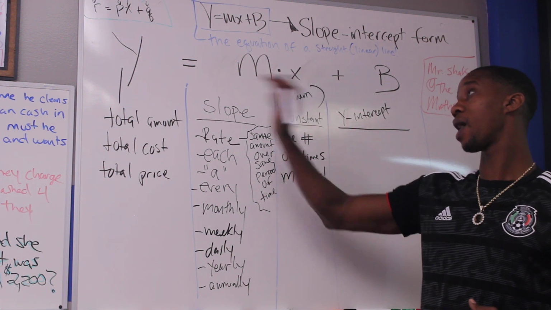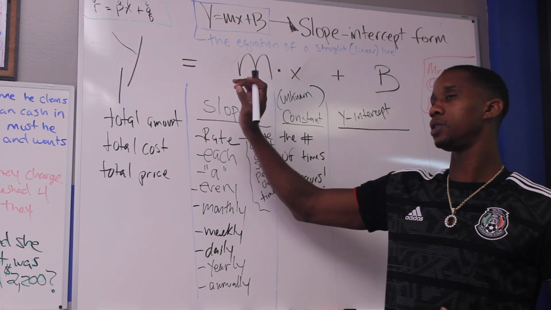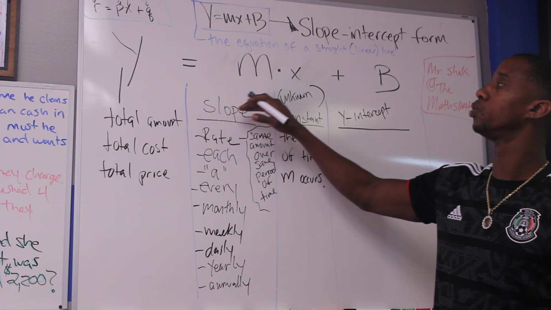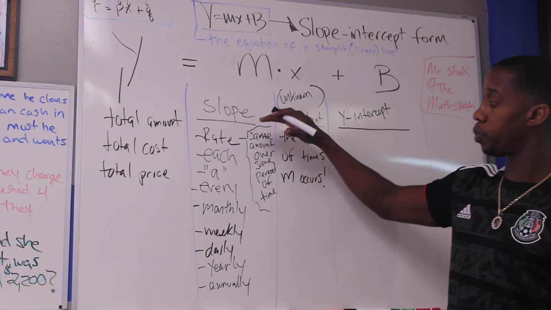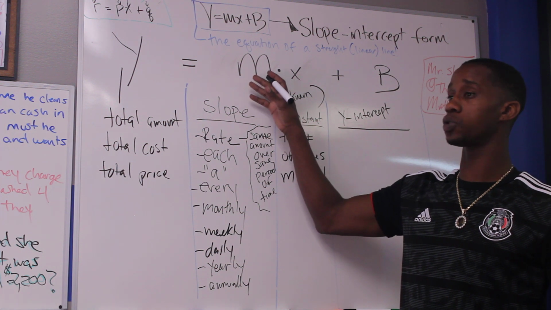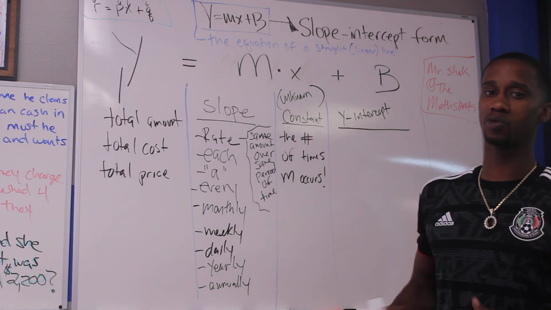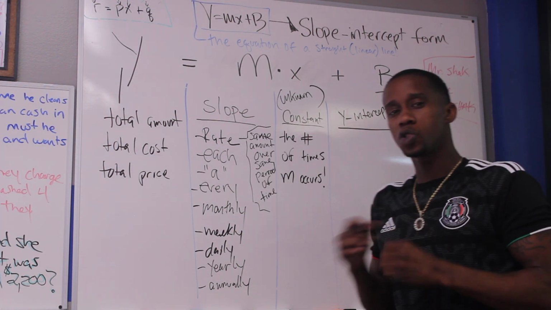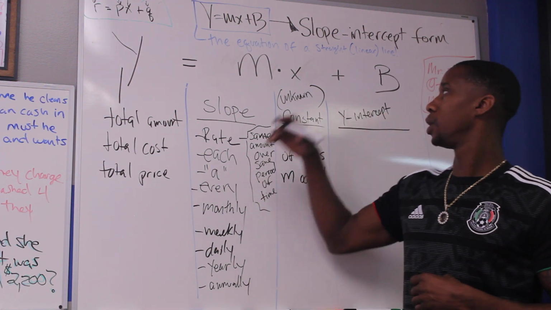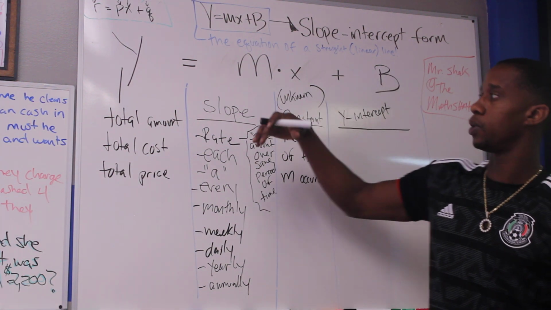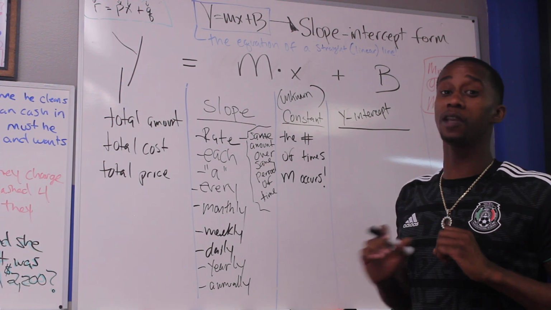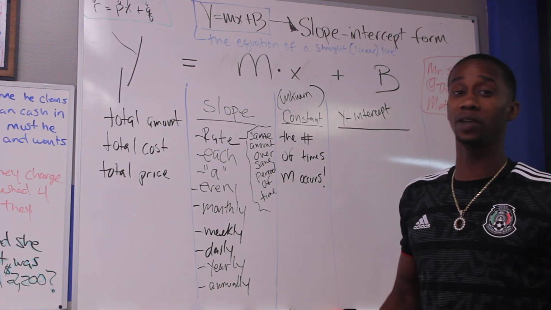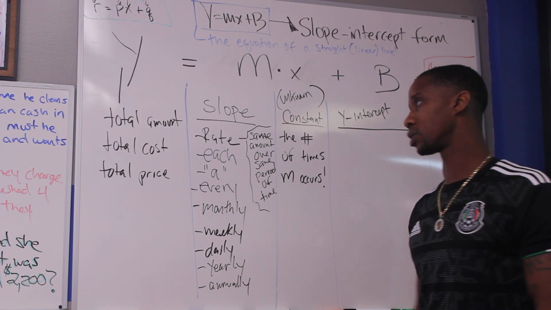So I teach my kids the mathematical definition of each variable, but more importantly, I teach them how these variables correlate to real life, because in real life, we use other words to identify slope, y-intercept, the y, and the x. They all have different meanings in terms of real life. It could be money, it could be apples, it could be oranges.